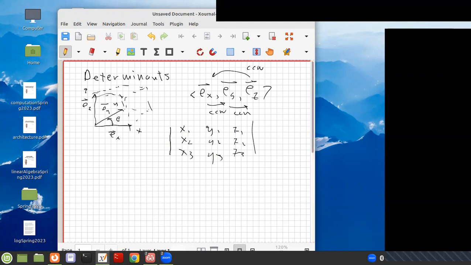If you order them in this way, then this determinant is the volume, or the area, or hypervolume.